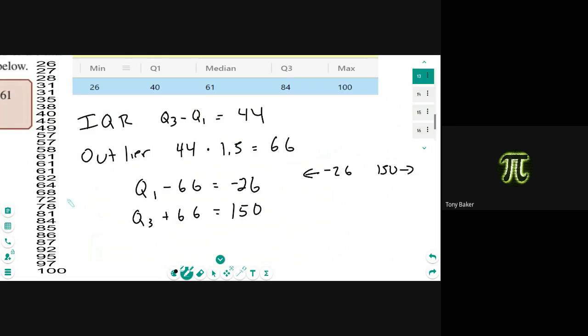Because we were looking at actual scoring, it has to be between 0 and 100 anyway. But the next problem, I actually will have outliers in it. So is there a case where there would be an outlier, but if you were to do the 44 times 1.5, that number wouldn't be above the 75th percentile until you did the addition, and then it would say that is the outlier? That makes sense. That didn't make sense. That's okay.